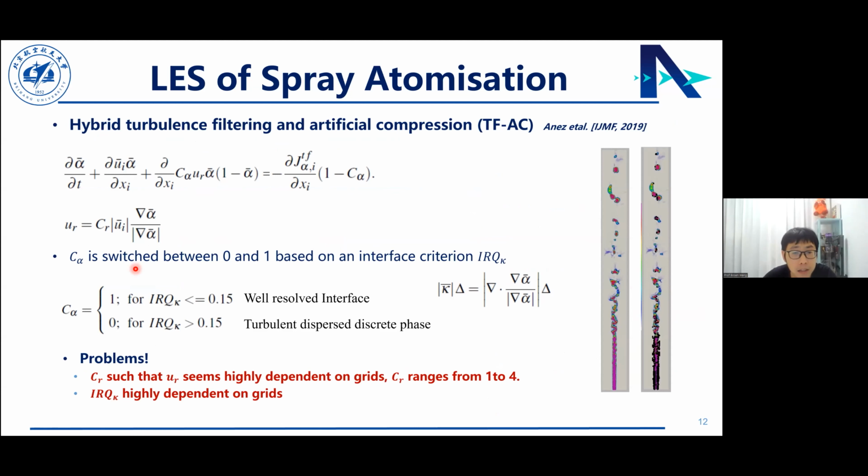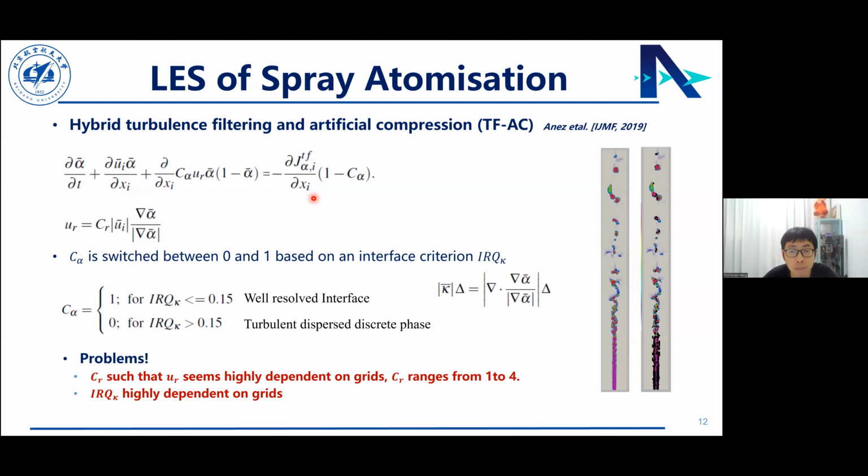If this factor is smaller than a critical value, then C alpha equals 1. That means the turbulent dispersion is dominant. And if it is bigger than the value, then C alpha equals 0. And that means the turbulent dispersion is switched off. We only have the interface sharpening.